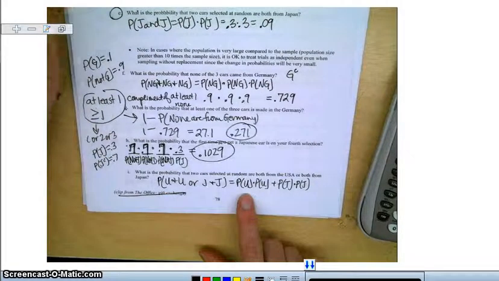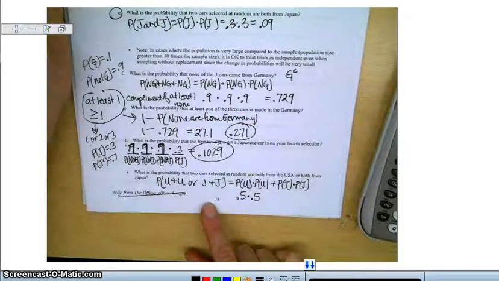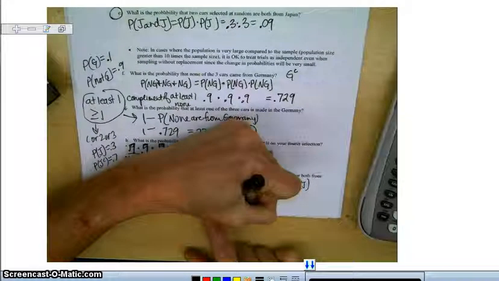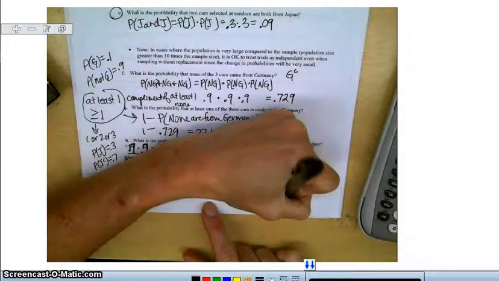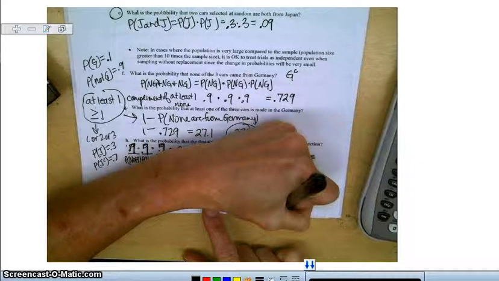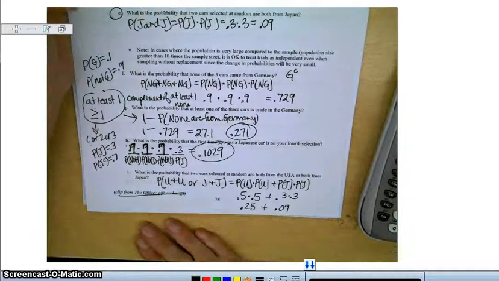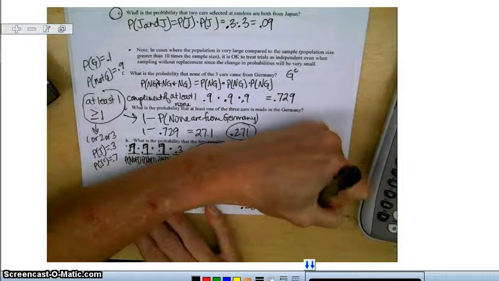The probability that it's from the USA is 0.5 times 0.5, that's 2 cars from the USA, or 0.25. The probability that it's from Japan is 0.3 times 0.3 to give you 0.09. If you add those two together, the probability that 2 cars selected are both from the USA or both from Japan is 0.34.